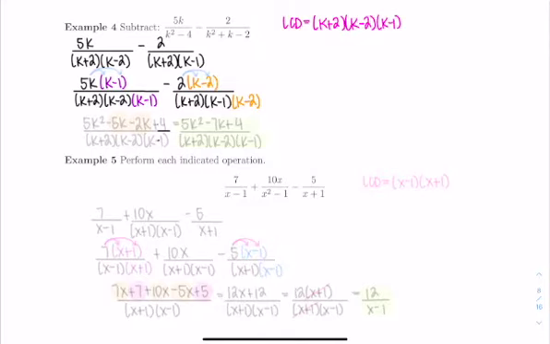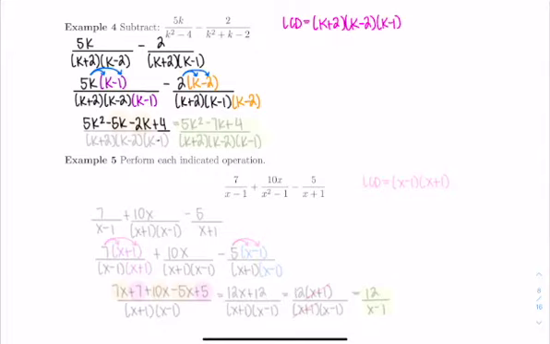And so we need to distribute the 5k and the -2. So we have 5k squared minus 5k. Go ahead and group the negative with the 2 to make your life easier. So negative 2 times k gives me negative 2k, and negative 2 times negative 2 is plus 4.